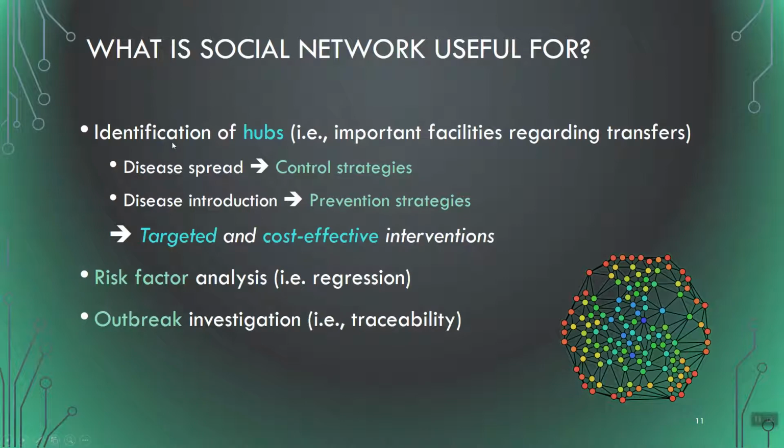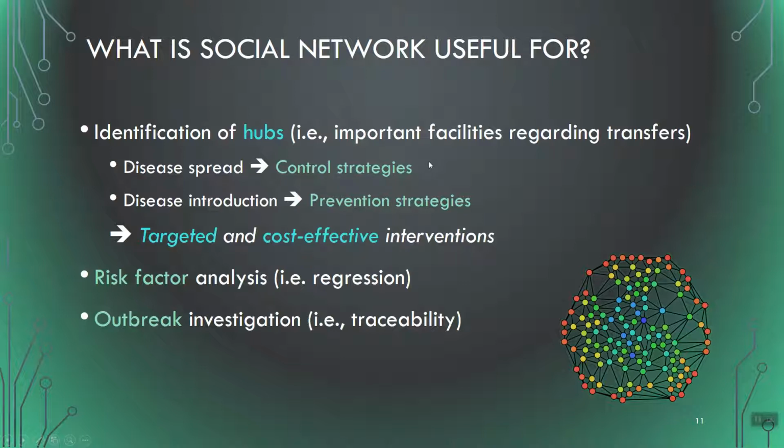What I made here is a little summary of the things that I think about. We can identify hubs, meaning important facilities regarding transfer, and this identification of hubs can have different meanings depending on what you say. For example, for me, I think it will be important how many patients it's receiving, but you could be thinking of something different. That's very important for disease spread because you can implement different control strategies.